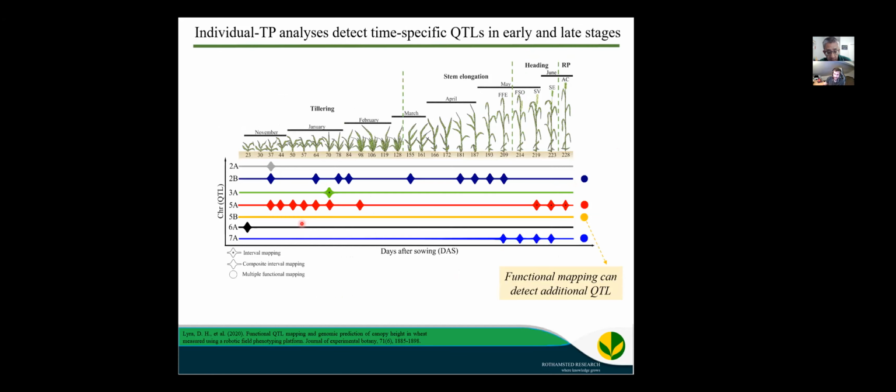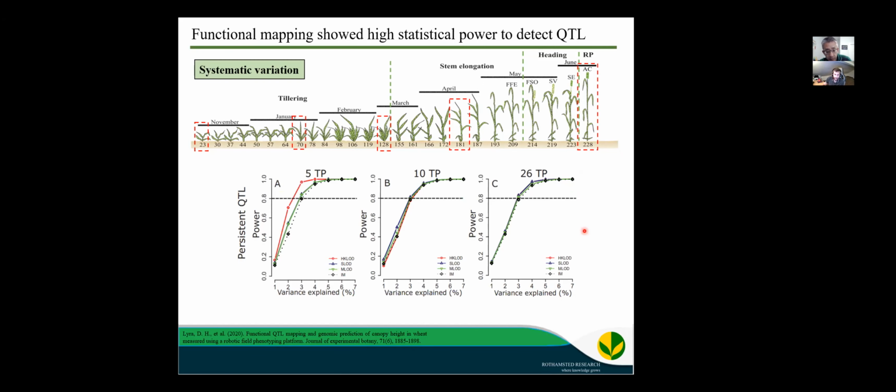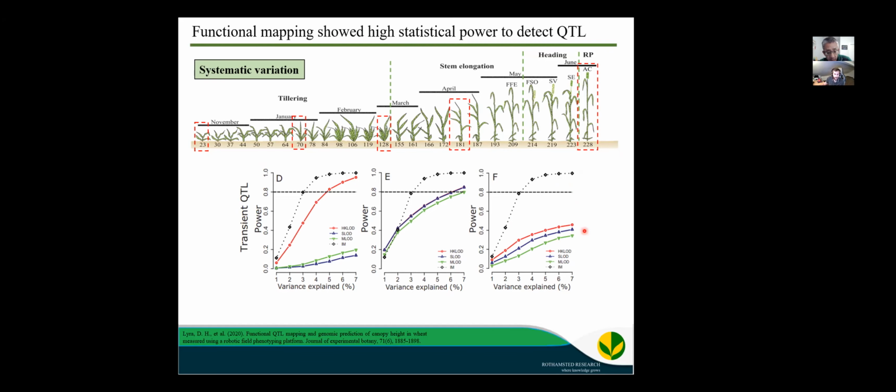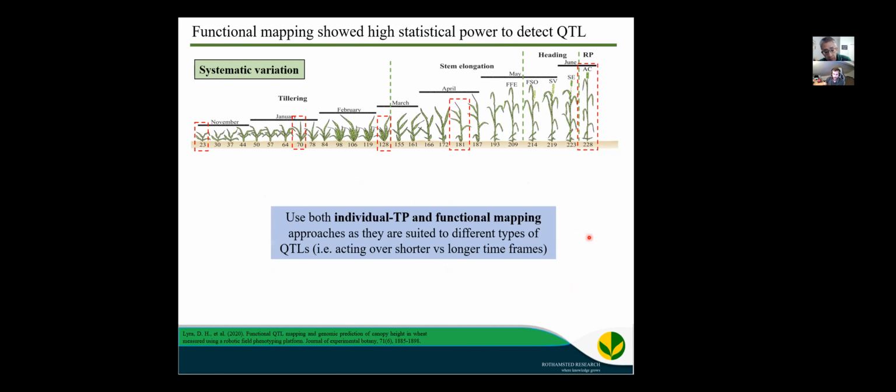As I said here, we didn't pick this QTL with functional QTL mapping, neither this nor this one, and it was shown here in our simulation that if you have many data points, possibly it's diluting the effect, and you're not picking that with the functional QTL mapping. That's one explanation, and that's why what we generally recommend, and not only us, many papers, is to use both.